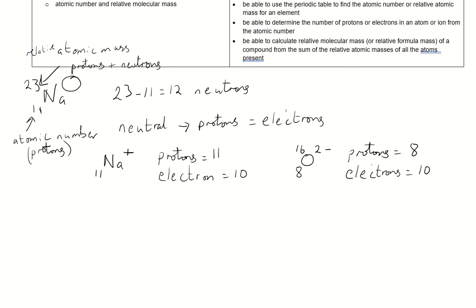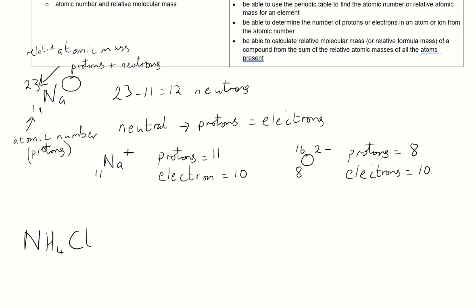So be able to calculate the relative molecular mass or relative formula mass of a compound from the sum of the relative atomic masses of all the atoms present. So it could give you something like, I believe this was an exam question in the past, ammonium chloride, and it wants you to work out the relative molecular mass of this.